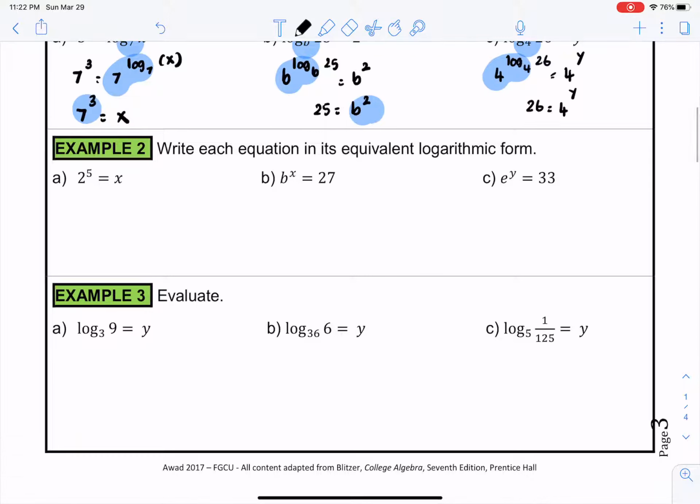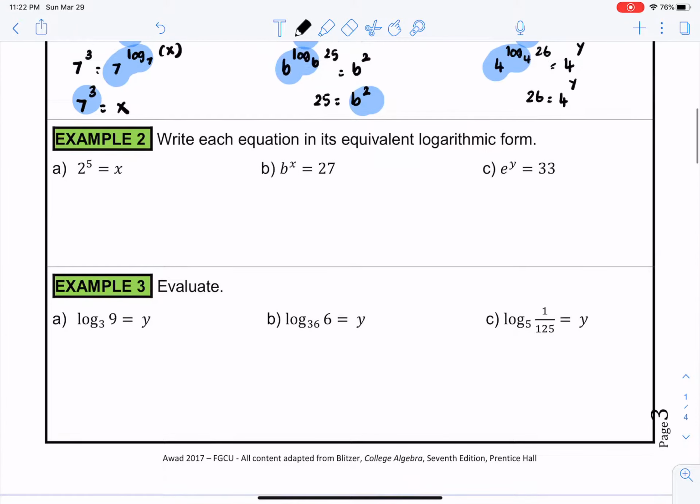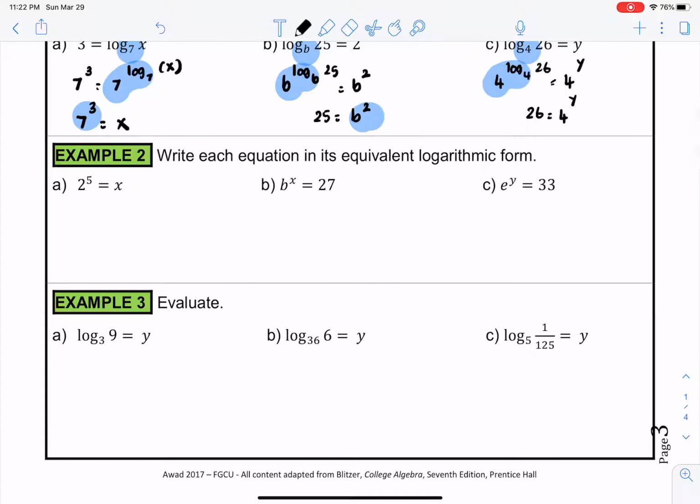Now we want to write each equation in its equivalent logarithmic form. So we observe the base, and log base 2 of 2 raised to 5 equals log base 2 of x. These two would sort of go away, leaving us with 5 equals log base 2 of x.